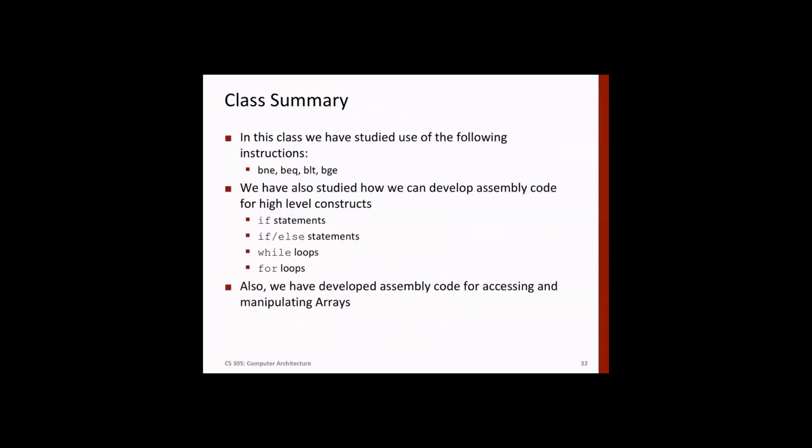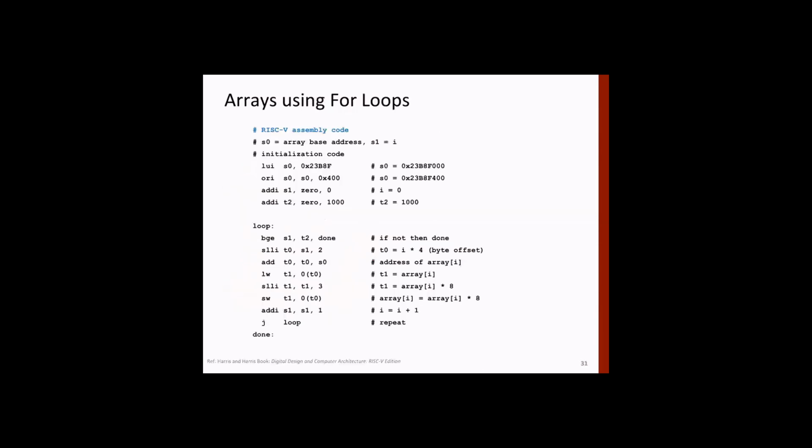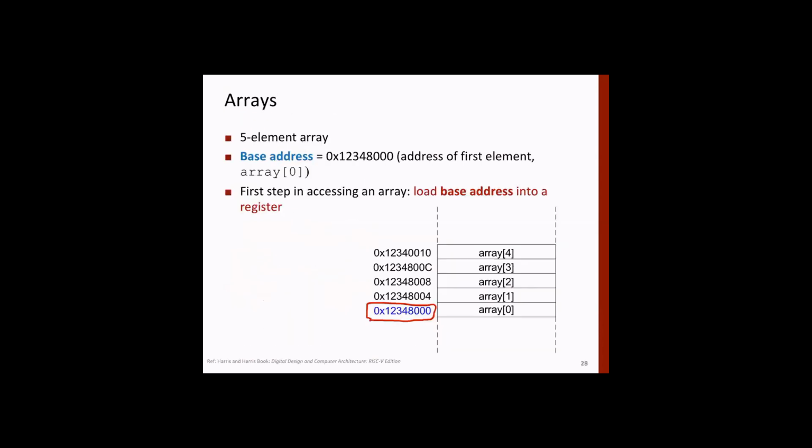So to summarize, today we have used the following constructs: branch not equal to, branch equal to, BLT and BGE. And we have seen how we can use these to develop, say, if statement in higher language, or if then else, or while and for. Array part we couldn't do today, so maybe in the next class we'll start with arrays.